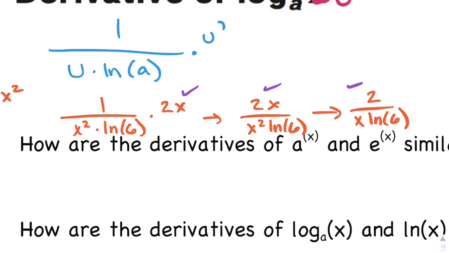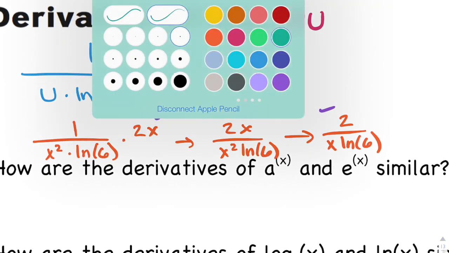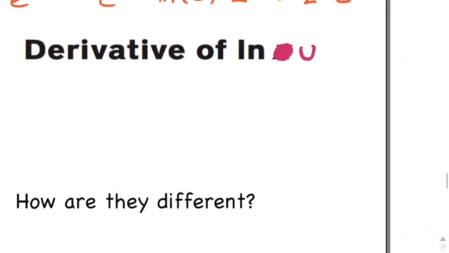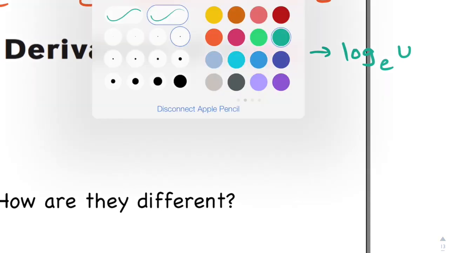Now, the next one, again, is special, but it's no different. What we're going to do is write ln of u as, oh, sorry, not ln, log base e of u. Now it follows the same procedure as the other one.